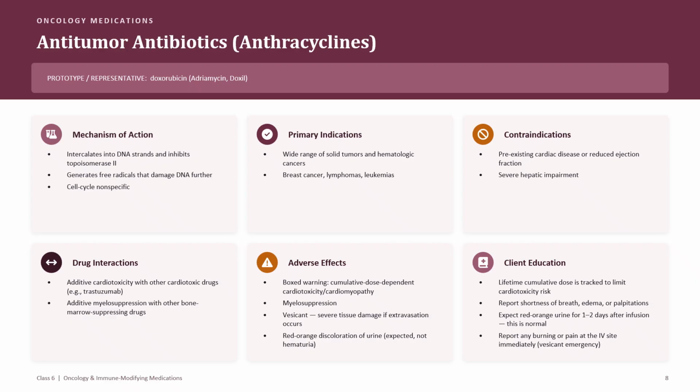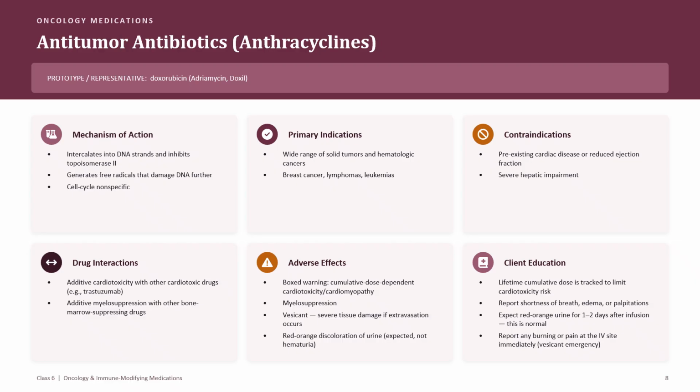However, if we start this medication on our oncology unit at the hospital, or your patient gets to their treatment center and an IV has to be started, we're making sure to start a large bore IV, right? We're not putting a 22 gauge in this patient and thinking we're going to infuse doxorubicin. Not ever.